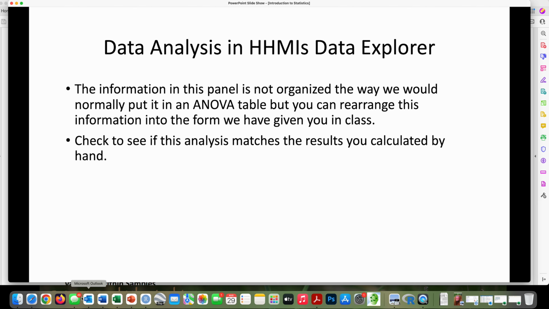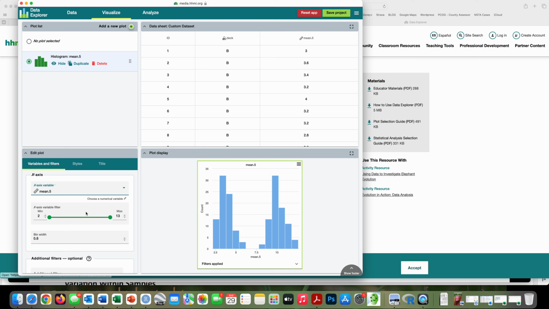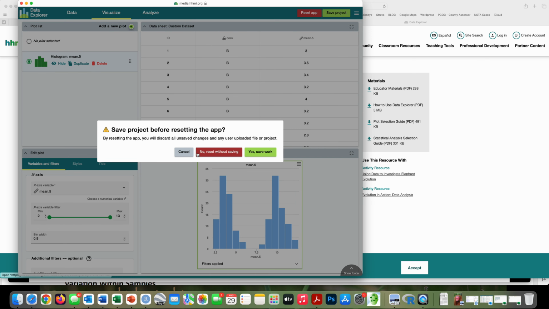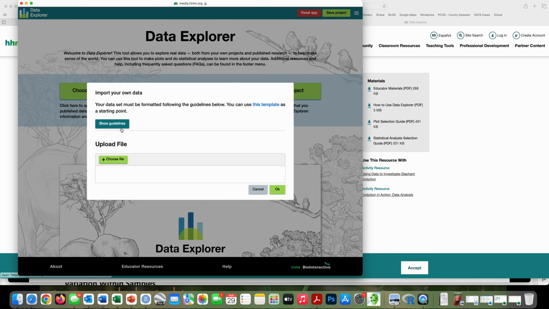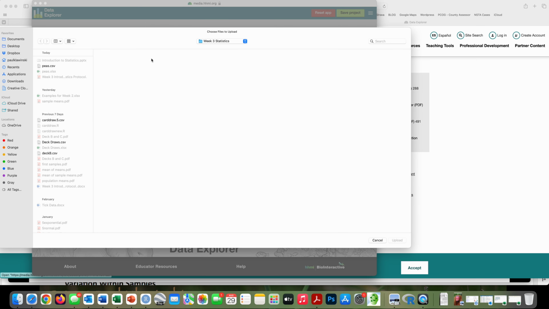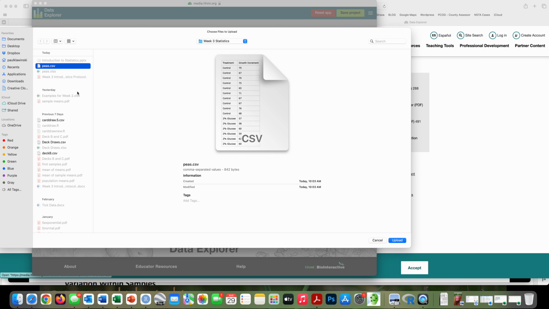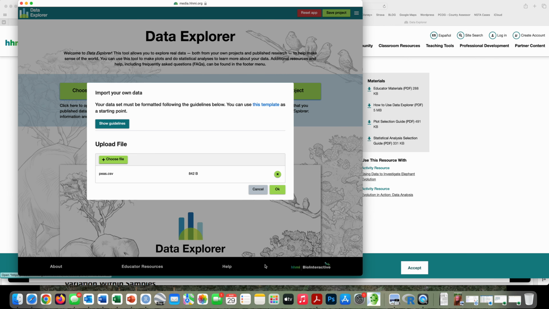So let me go back to Data Explorer and show you what that looks like. What you can do is just reset the app, reset without saving. Now we're going to import our data, but in this case we're going to import the peas.csv data file, which is actually on Canvas, so you can download it before and play around with it.